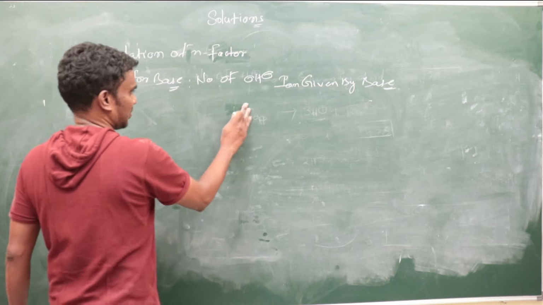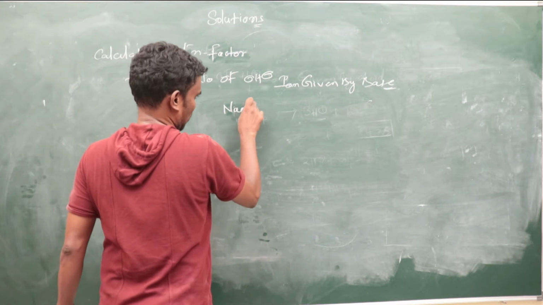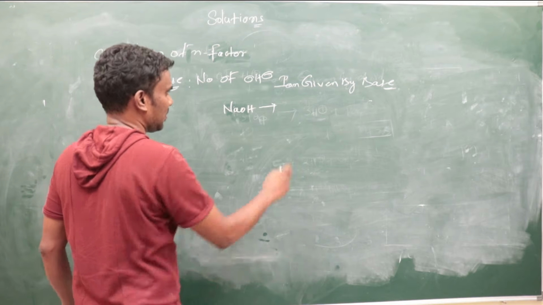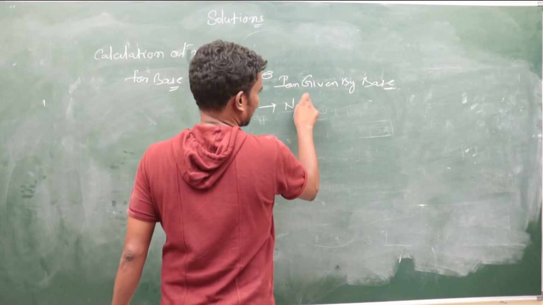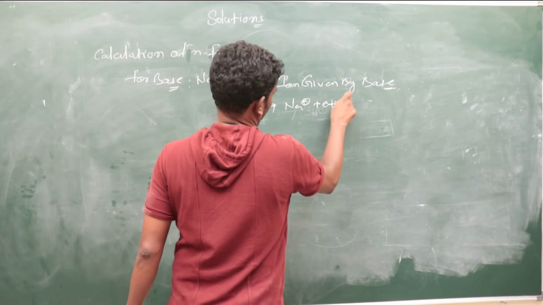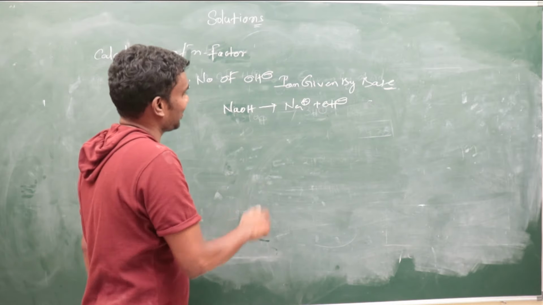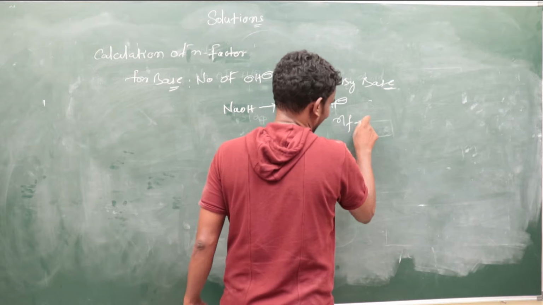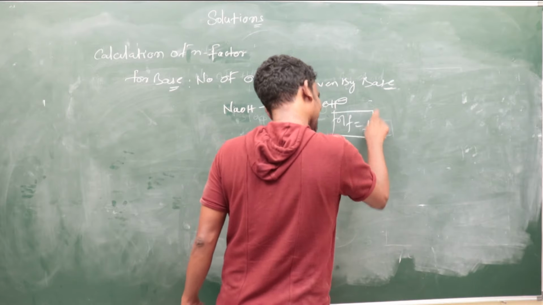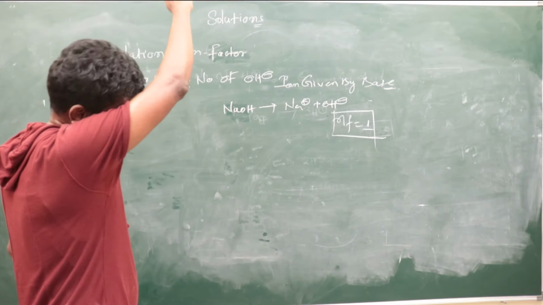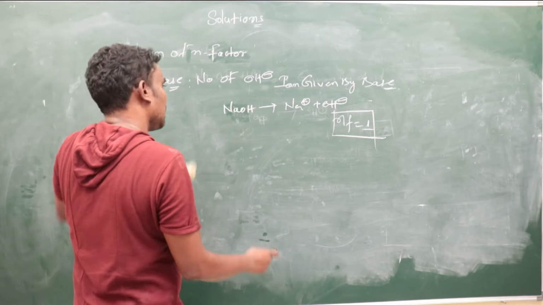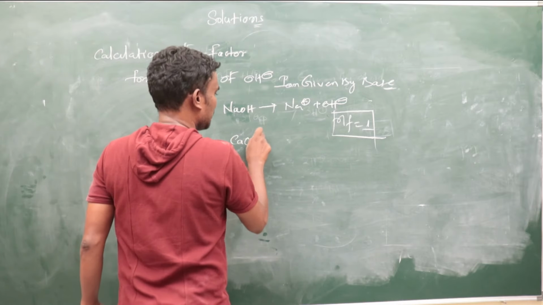For example, NaOH is a base. It gives Na plus plus OH minus. How many OH minus are given? Only one OH minus, so the n factor is equal to 1. Next example, Ca(OH) taken twice.